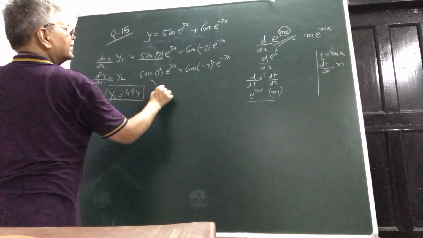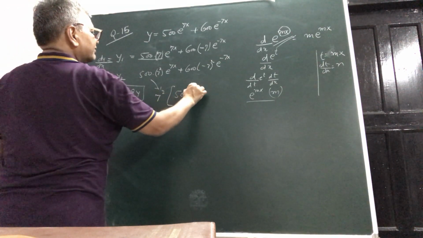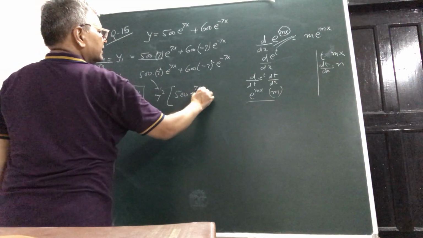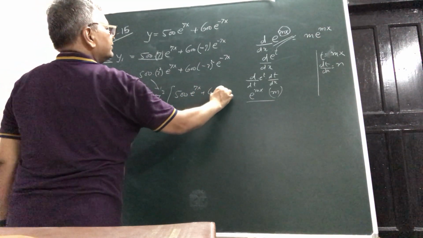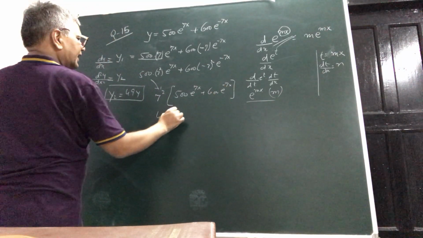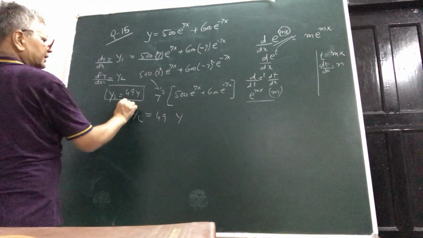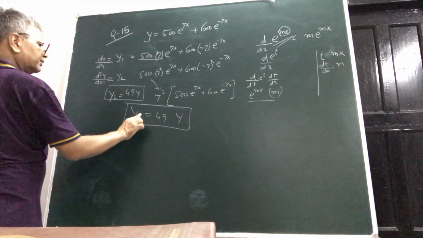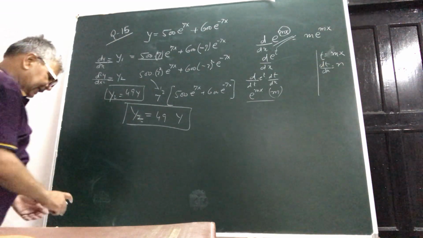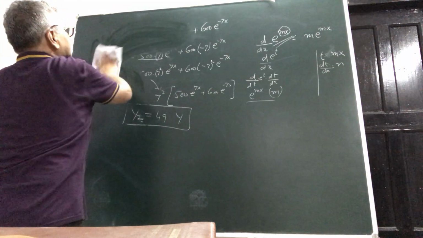So you will get 500 e to power 7x plus 600 into e to power minus 7x, times 49. And this is 49y. So this is your y2, you get the result: y2 is equal to 49y. Simple. There is hardly anything, only a little bit of practice will fetch you the answer straight away.